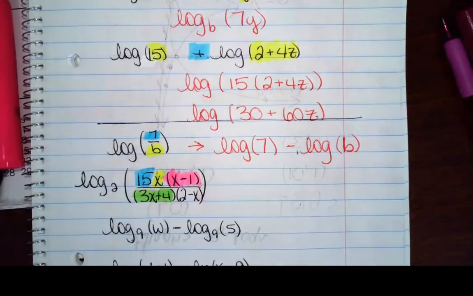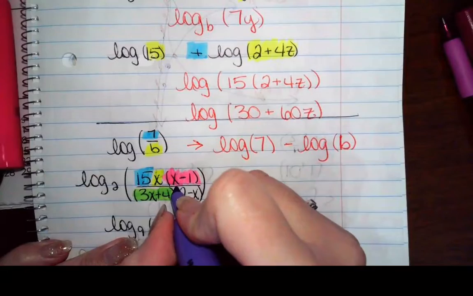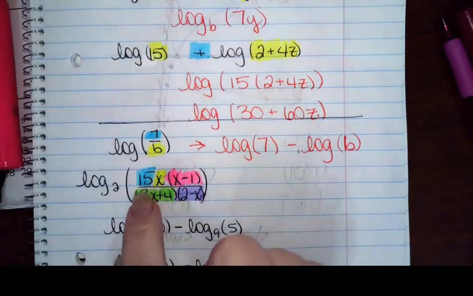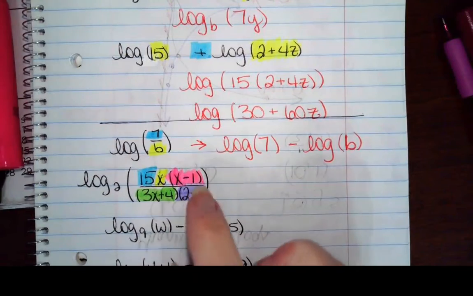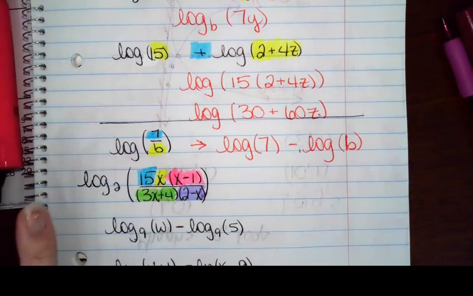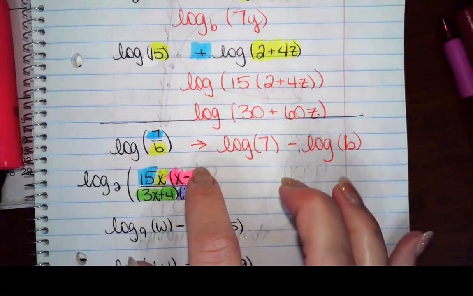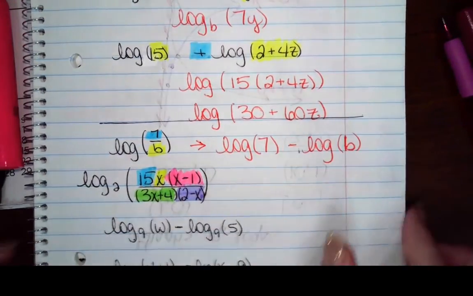And I have a 2 minus x. Okay, so I have 5 things going on. 1, 2, 3, 4, 5. So if it is multiplication, and I'm going to broaden this a little bit, if it's in the numerator, I'm going to lead off positive. So what does that mean?